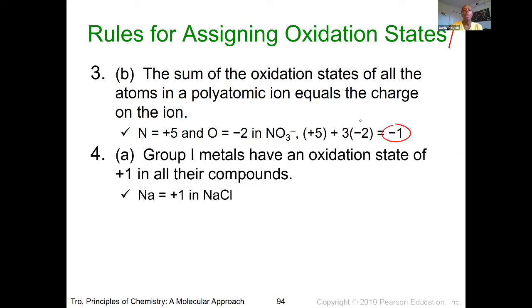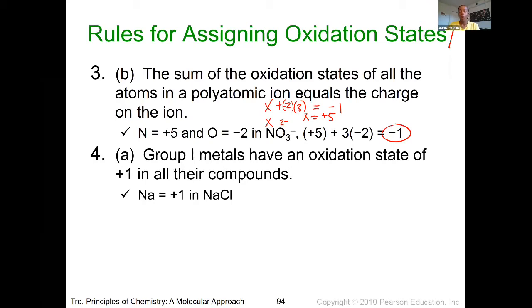And so we can use algebra to help us to predict what that nitrogen would be. If we don't know the charge in that polyatomic ion, we could say, well, I don't know what nitrogen is, but I do know that oxygen is -2, and there's 3 of them. So therefore, my nitrogen must be +5. Okay, so we'll go through some examples.